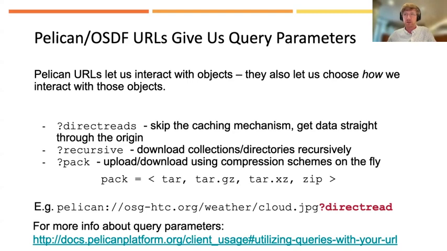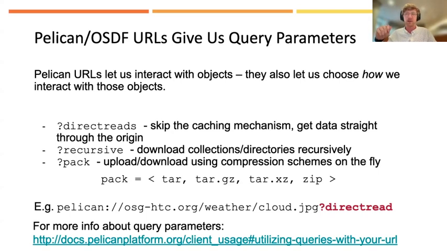Similarly, we have the recursive query parameter, which is if instead of a large file you have a large directory, you can recursively download that directory or a collection of data, if it's an S3 prefix or something, using that parameter. And then finally, we have the pack query parameter, which lets you deal with tarballs and some other packed data structures.